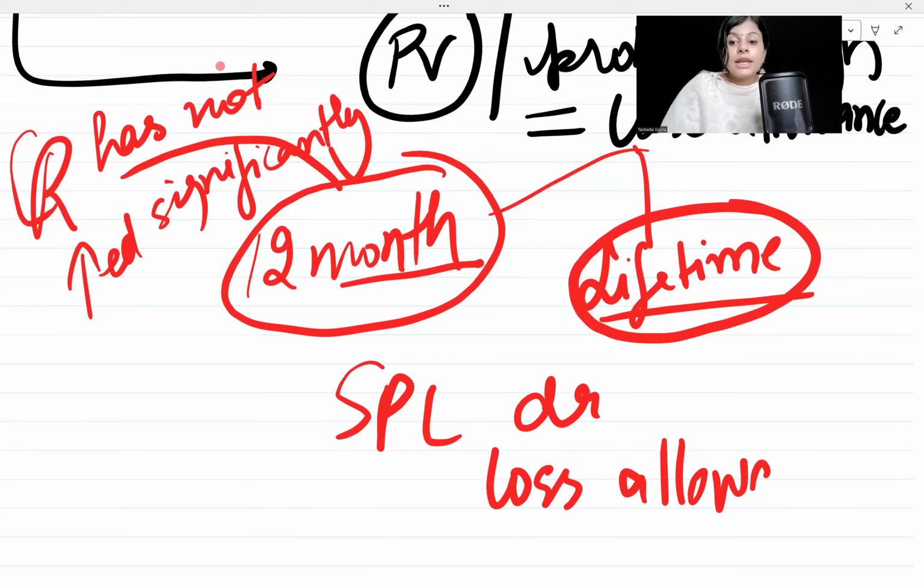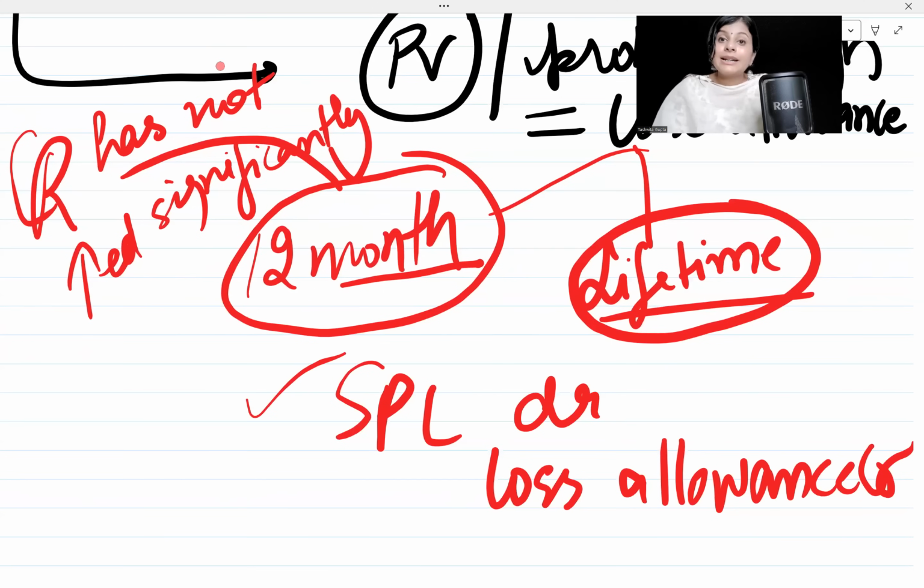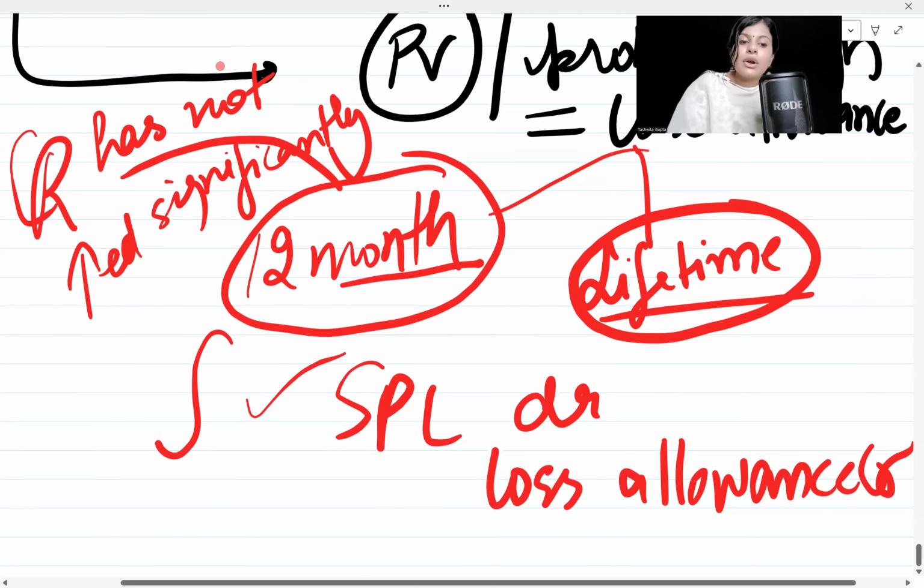Once again, this is something you've not done in your FR, but you do it in your SBR. But it is there in diploma. So if this is a new thing to you, you know that you've not done this in FR. Right? So this is how you create your loss allowance.